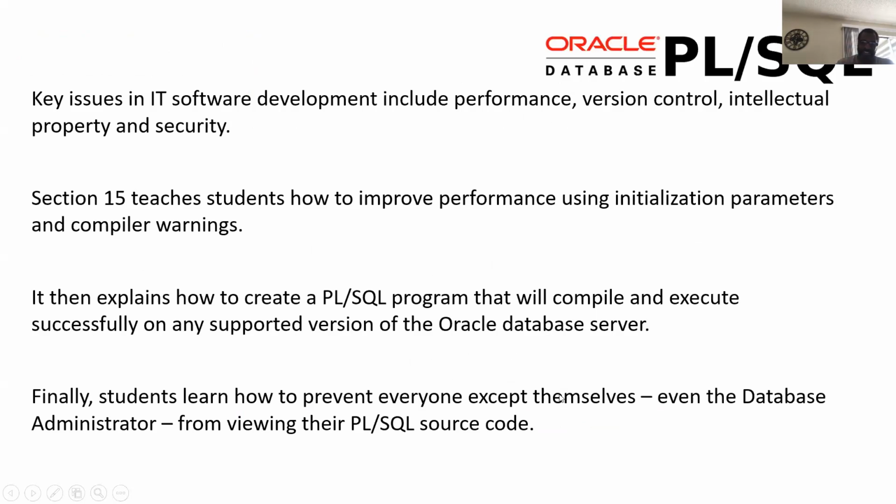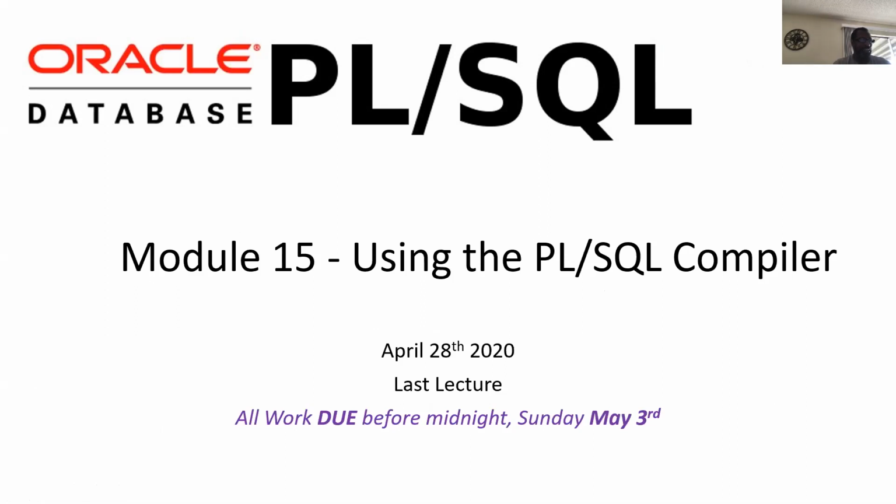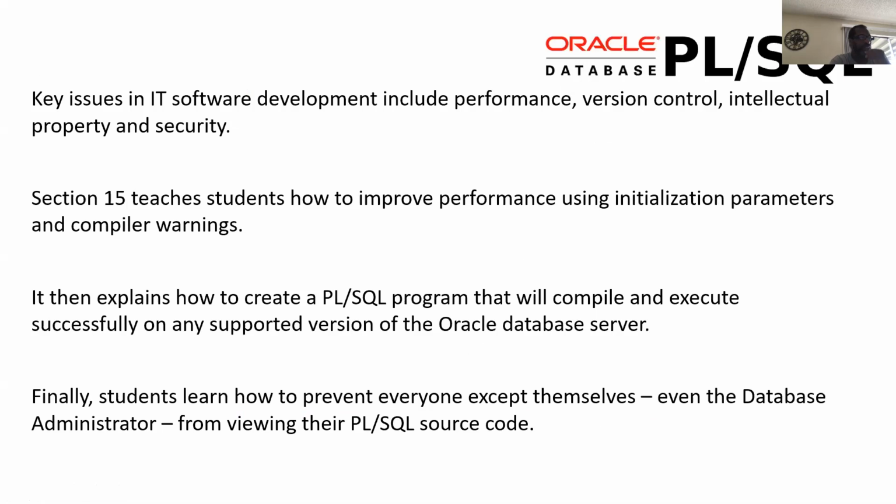So as the topic stated, we're going to take a look at the compiler and basically what's happening in the back end of Oracle. So key issues in IT software development include performance, version control, intellectual property and security.